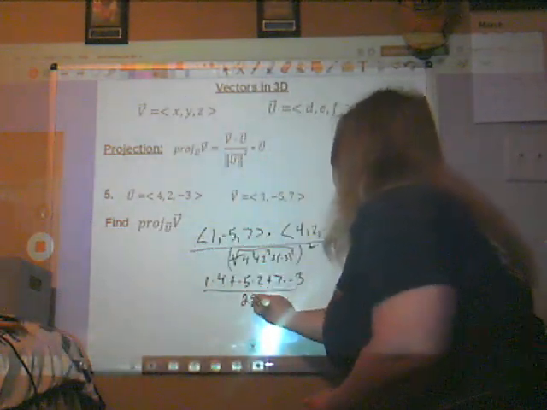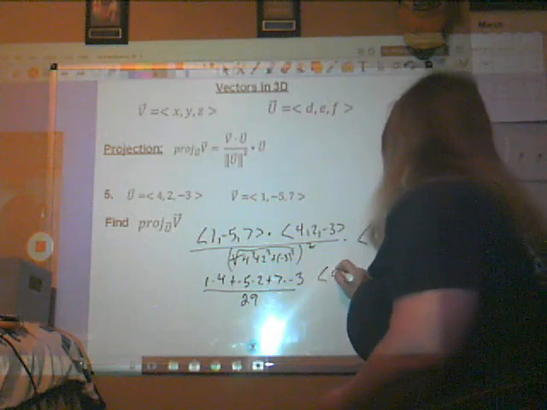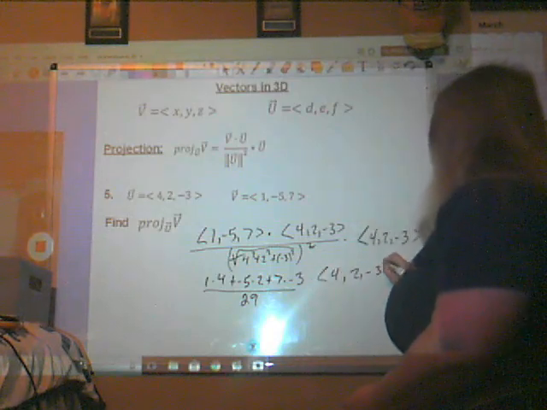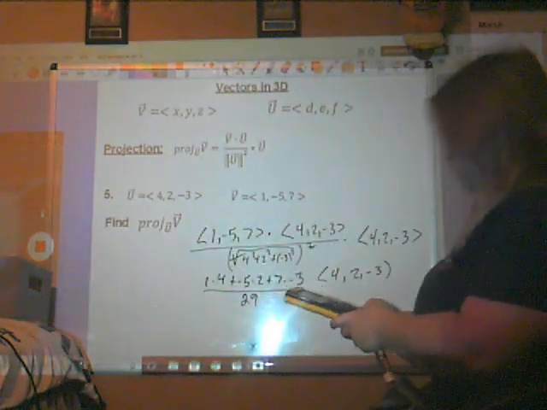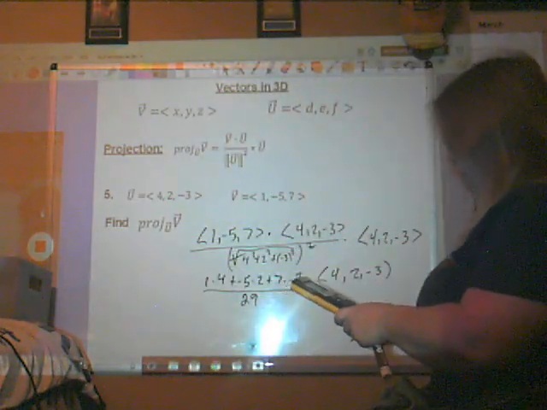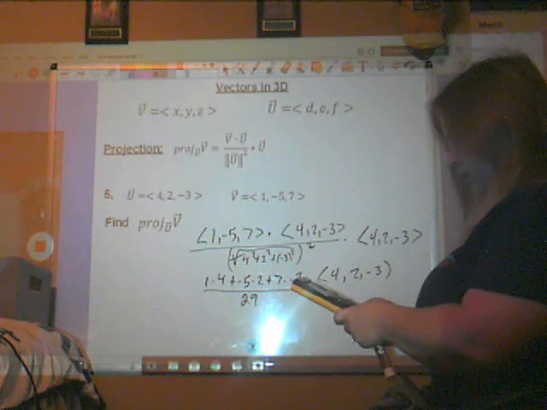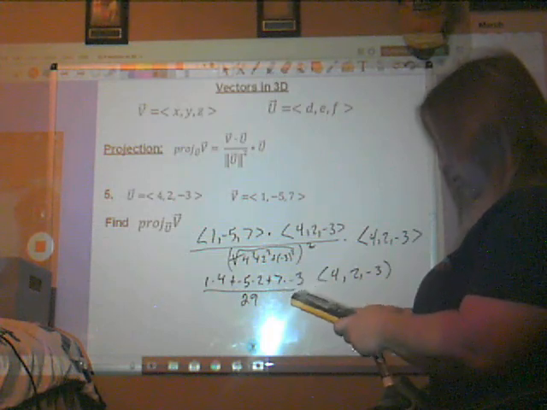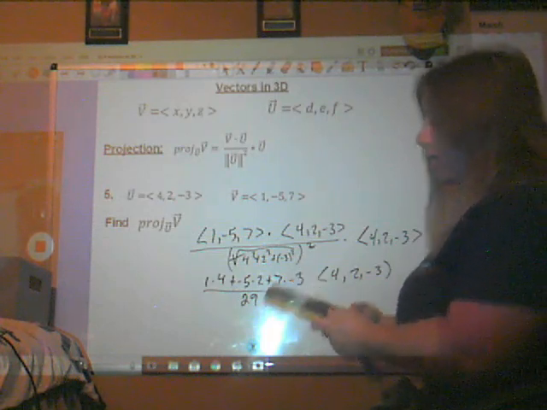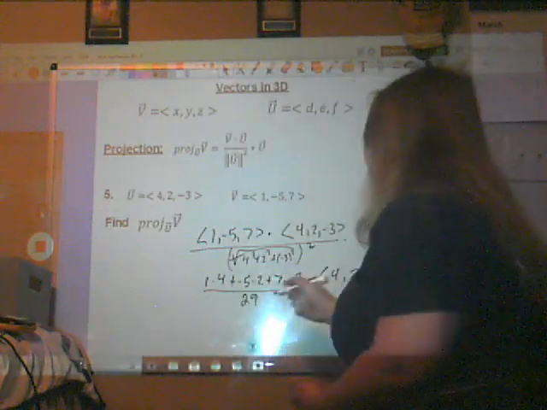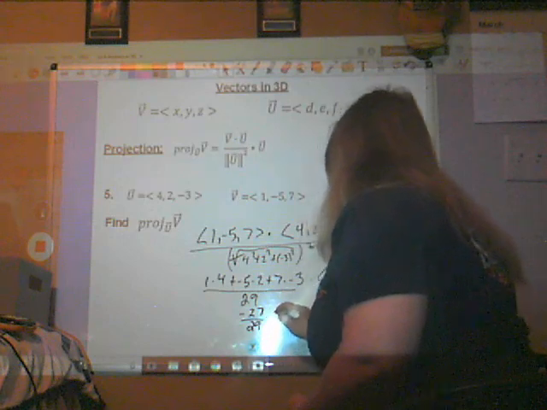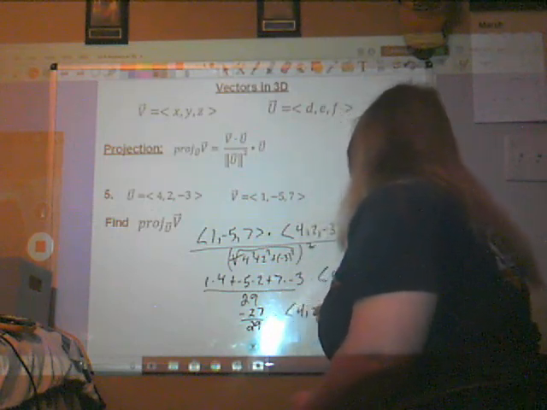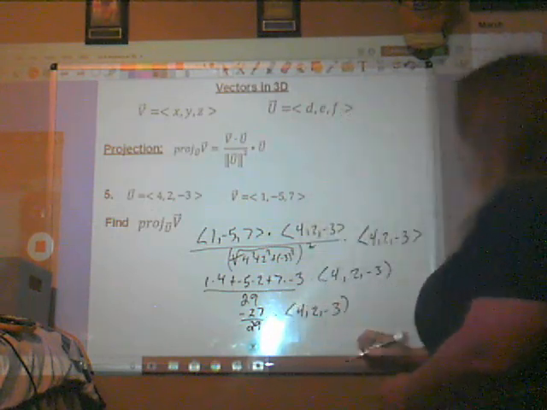Get 29 on bottom. Dot 4, 2, -3. So on top, I'm going to do 1 times 4 plus -5 times 2 plus 7 times -3. That gives me -27. So I get -27 over 29 dot 4, 2, -3.